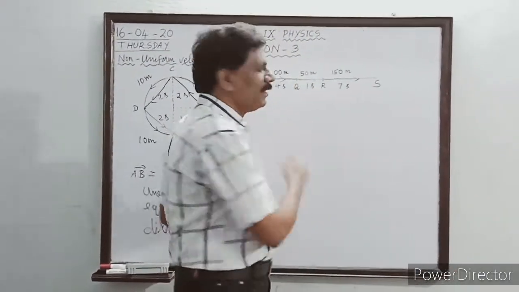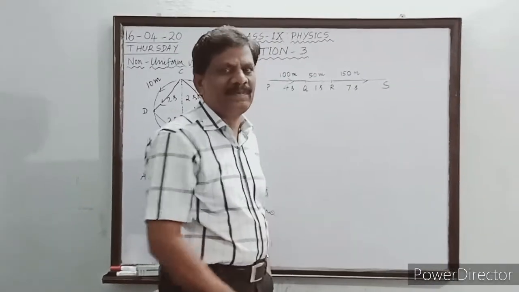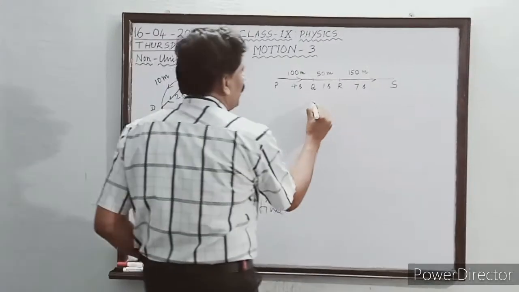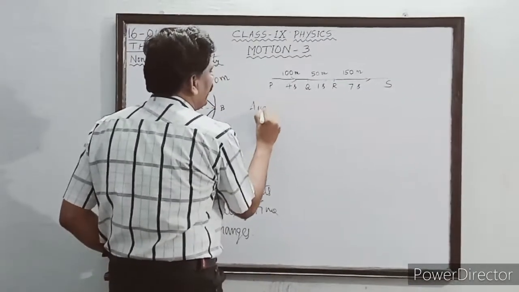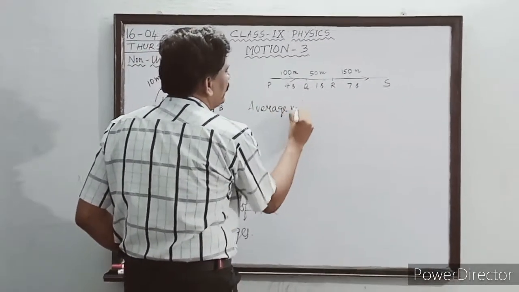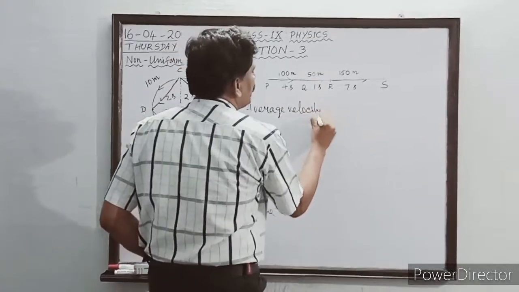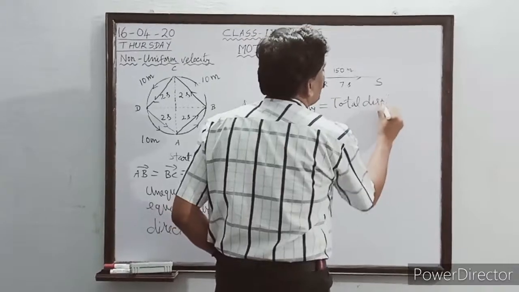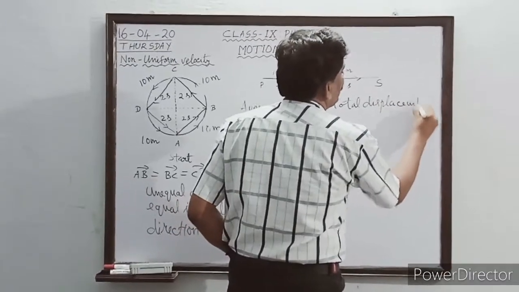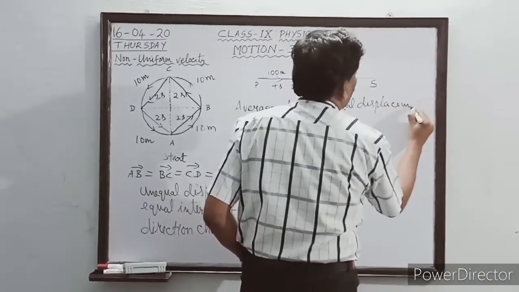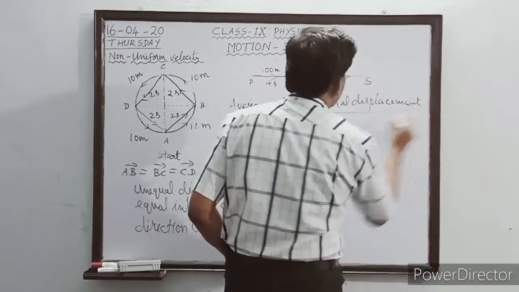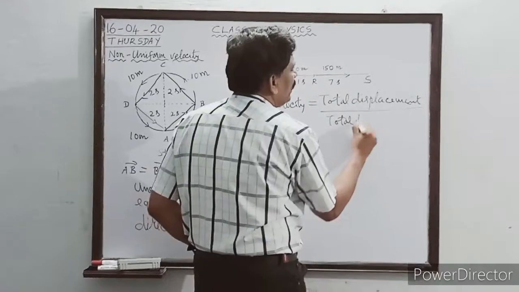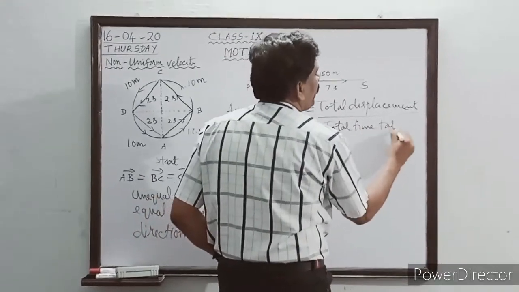Now you tell me, in this example, how will you find the total displacement of the body? The average velocity is equal to the total displacement divided by the total time taken.